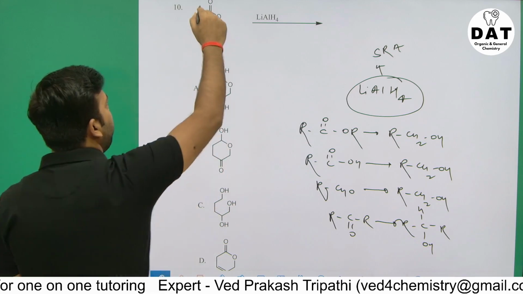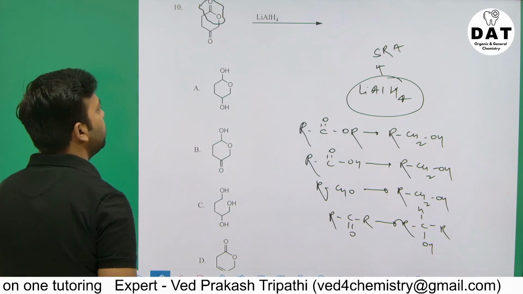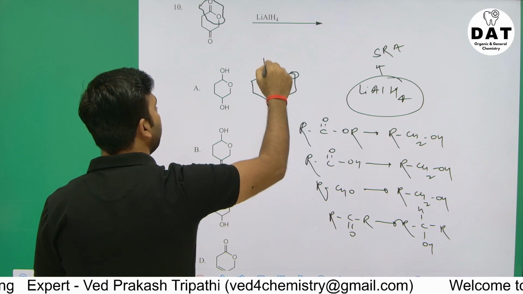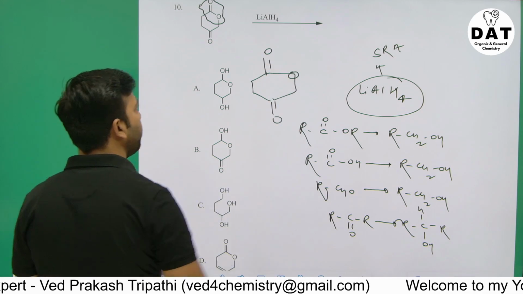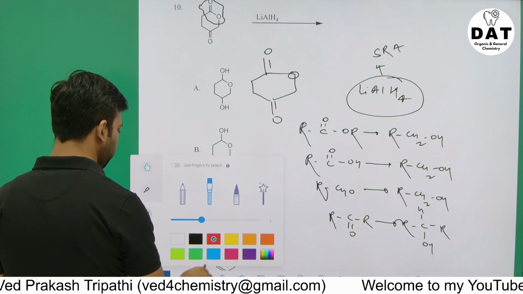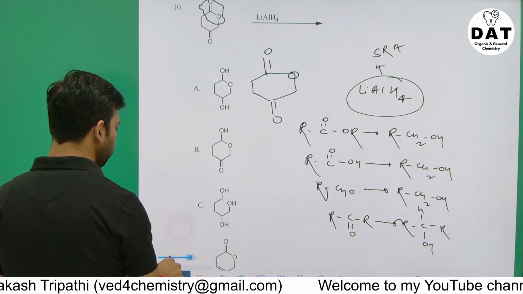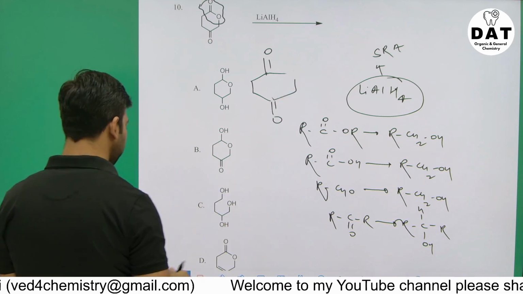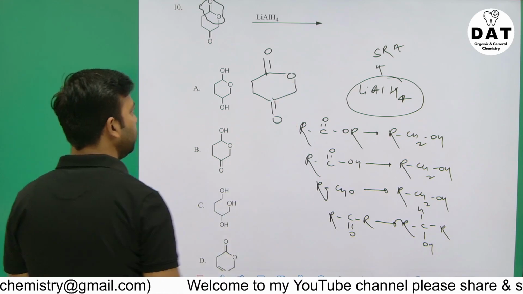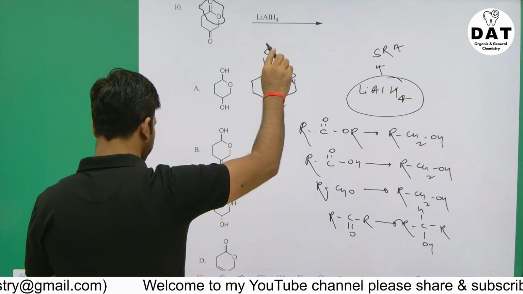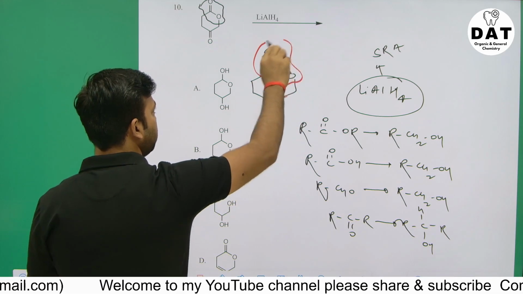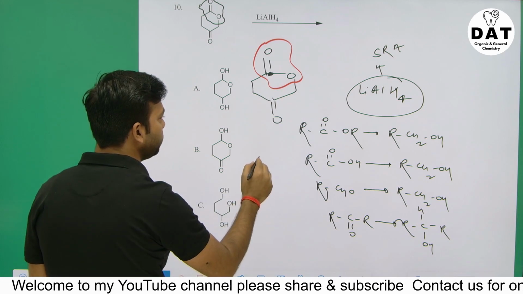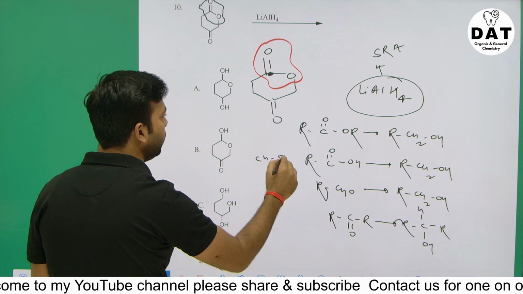So this is my ester. This linkage is an ester linkage. If you look at this compound, here double bond O, and here double bond O. So this is my ester. If this is ester, it means this carbon will become primary alcohol like this, CH2OH.